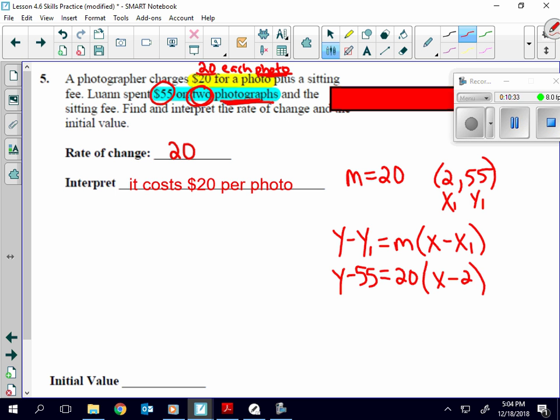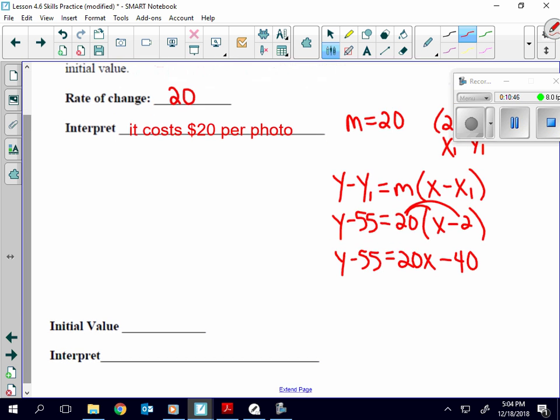We're going to distribute. y minus 55 equals 20x minus 40. 20 times negative 2 is negative 40. Almost done with this one. We're going to add 55 to both sides to get y by itself.